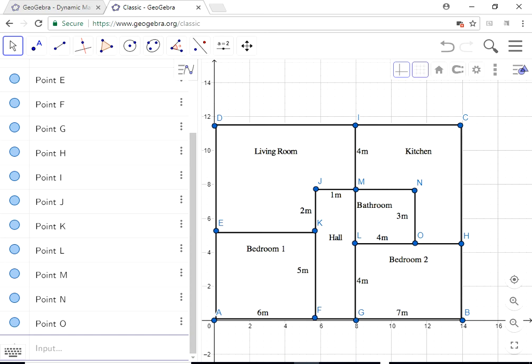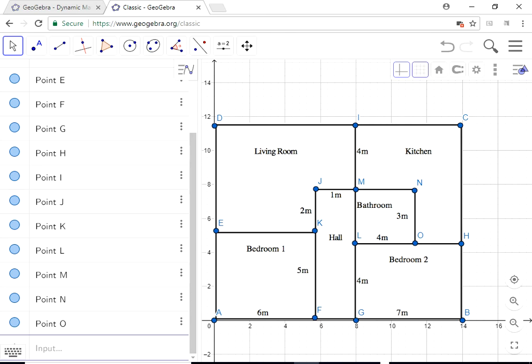And then we know M to N is 4 meters because it's congruent with L to O. So we have 4 and then another 4. And then we have N to O, which is 3 meters. And then we have O to H, which would be 7 minus 4, which gives us 3 meters.